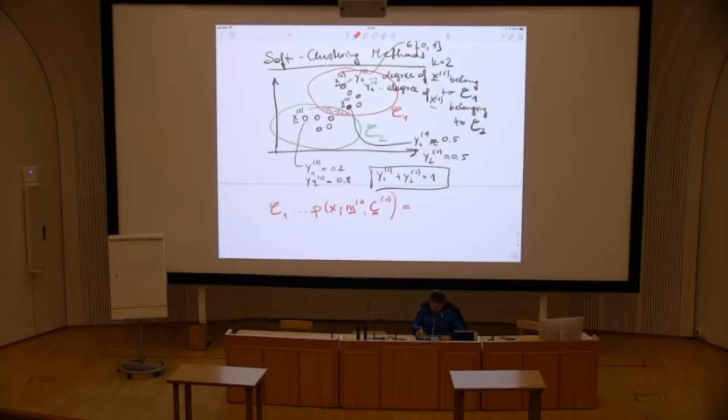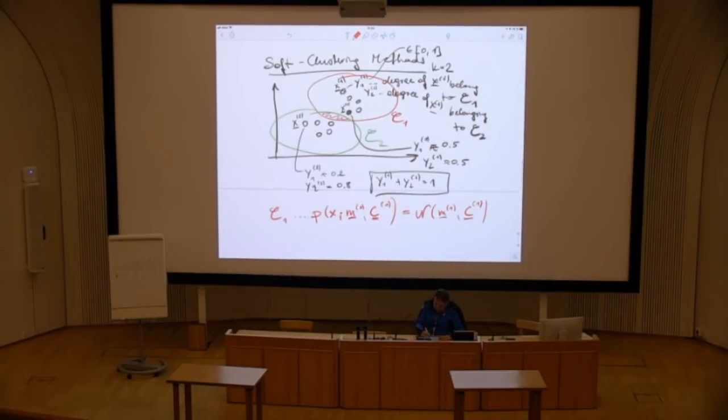And we use as a probability distribution a multivariate normal distribution with mean vector and covariance matrix C1. The mean vector has pretty much the same meaning as for k-means. It's the center of a cluster.